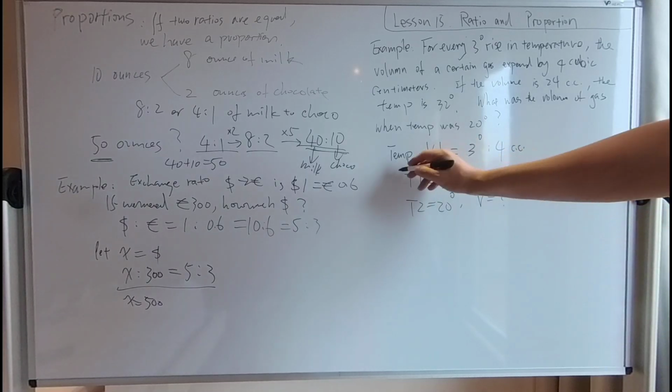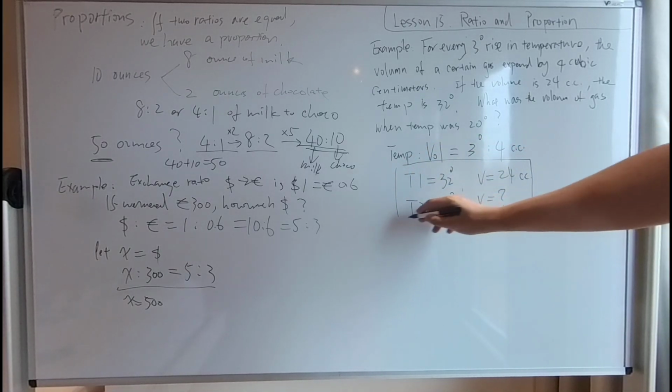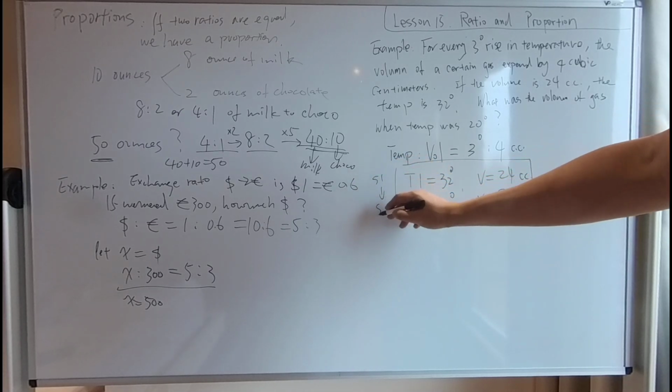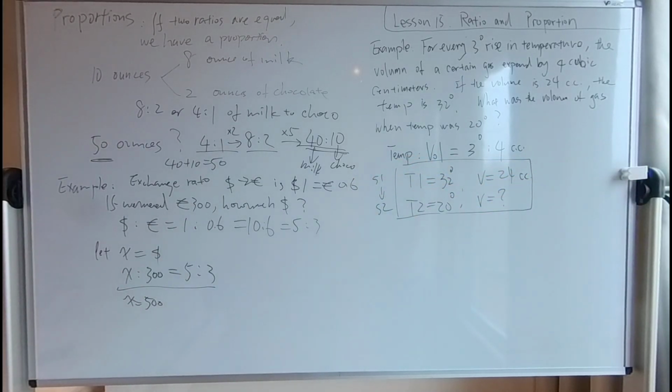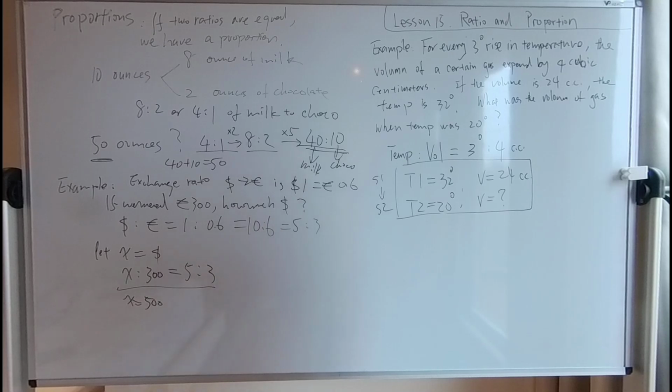Okay, so we know the ratio. We have two states, from state 1 to state 2. How is the volume going to change? So first of all, what we know from both states is the temperature change.